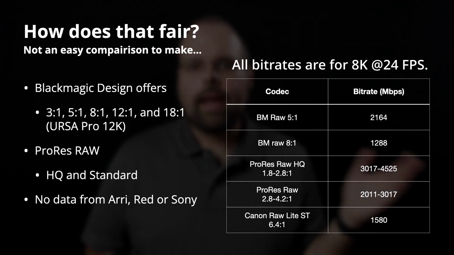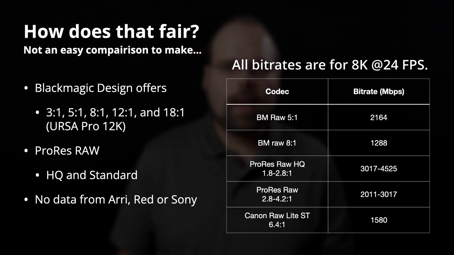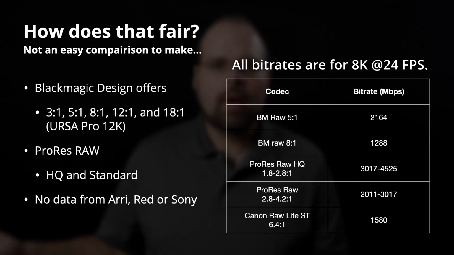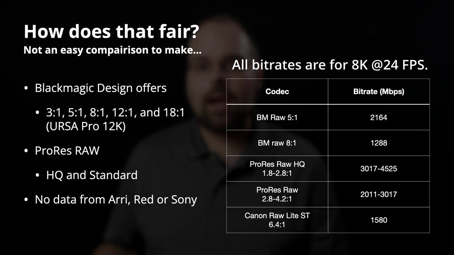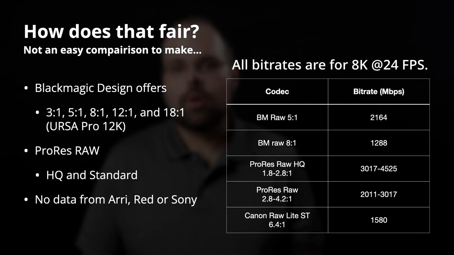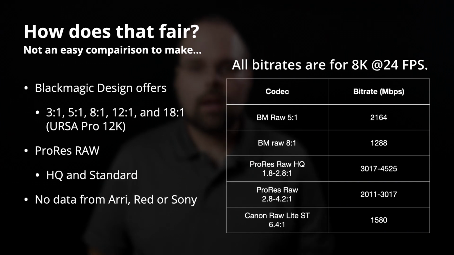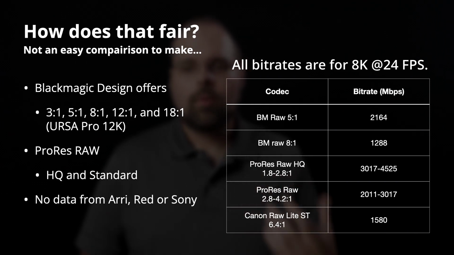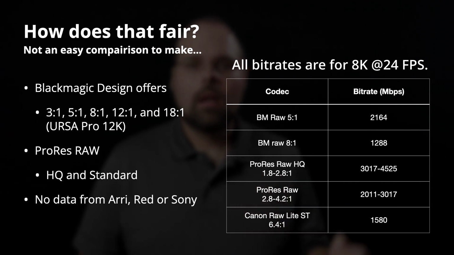So if you're a megabit per second person and not a compression range person, to put some perspective on this, Canon Raw Lite ST on the R5C, the best compression and best quality raw compression the R5C can do in 8K, is 6.4:1, which works out to be about 1,580 megabits at 24 frames per second.